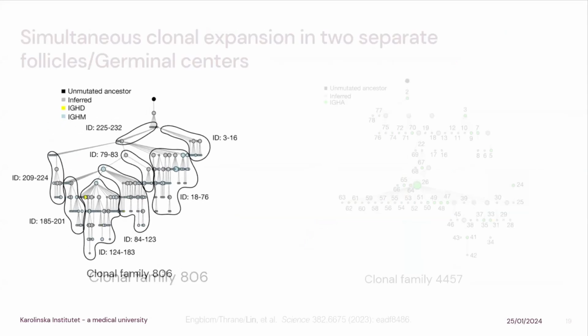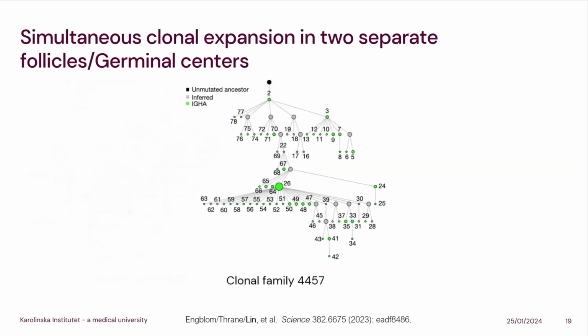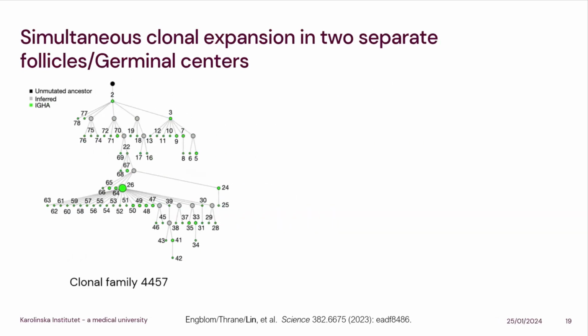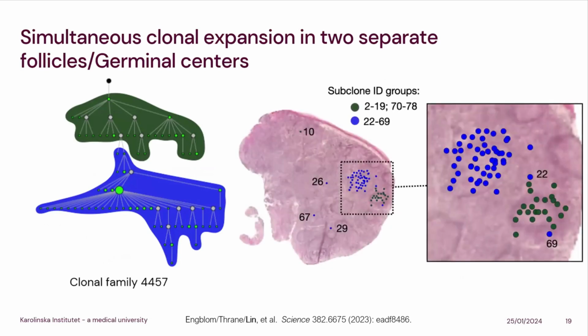How about the other tree, which looks completely different from the previous one? We group the nodes from different parts, so we have 2 parts. One is on the top, which we color in dark green, and another one we color in blue, and plot them on spatial. Surprisingly, they are distributed in different follicles.